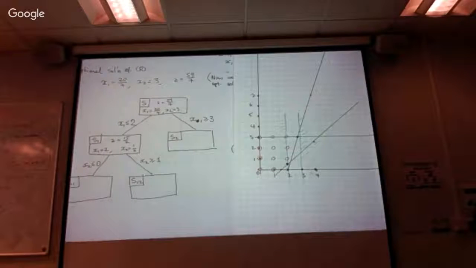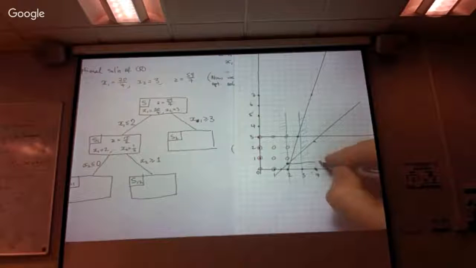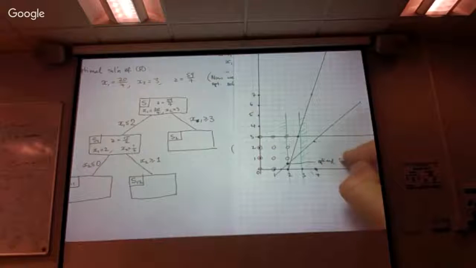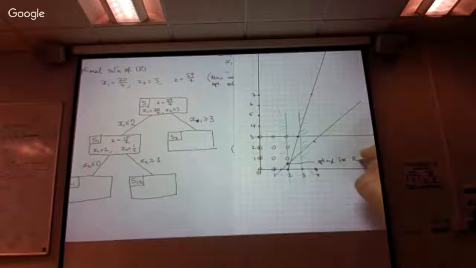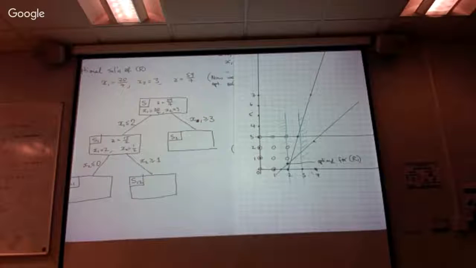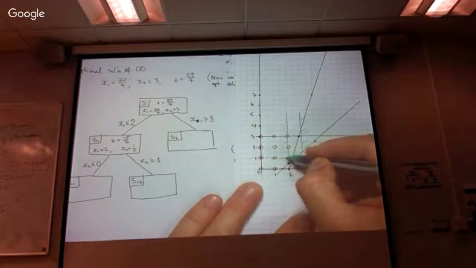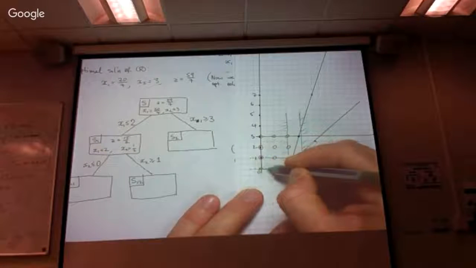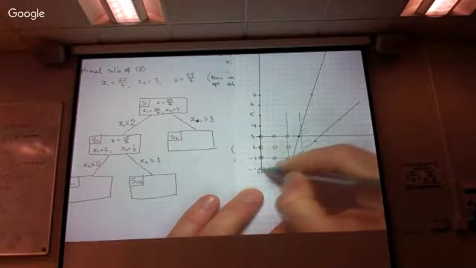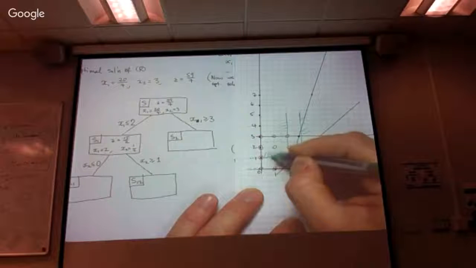So this is optimal for the relaxation of the first problem. And now what we're doing is we're splitting this problem according to being either here on this line or up here.